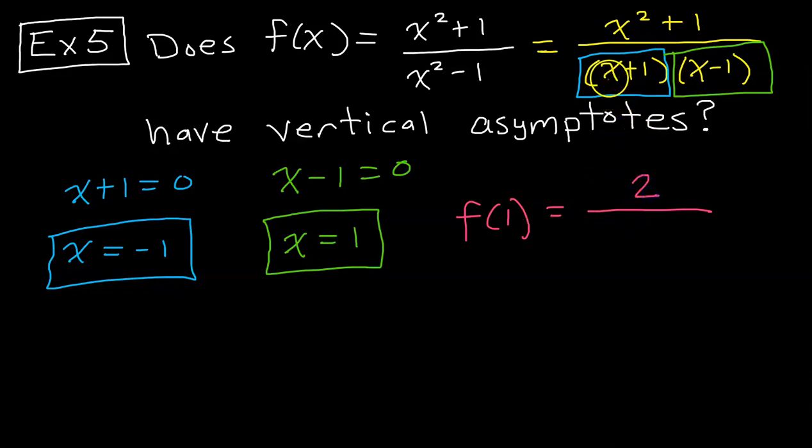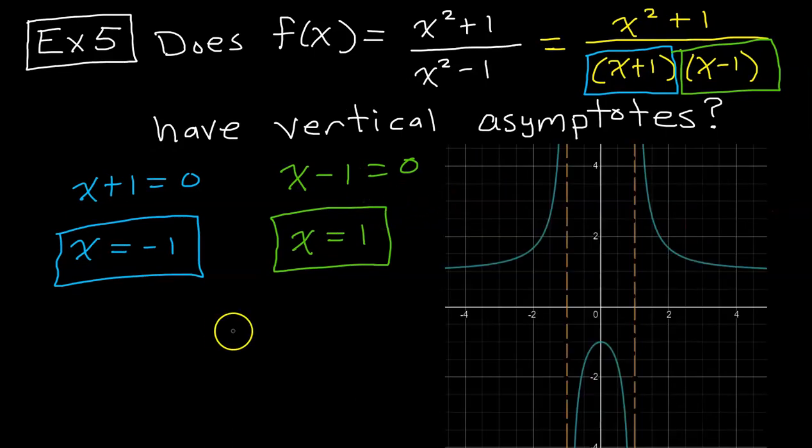In the denominator, I would have 1 plus 1, which is 2 in the first factor, and then I'd have 1 minus 1, so that would be 0. So I'd have 2 in the numerator, but then 2 times 0 is 0. So this is what I mean by you have 0 in the denominator only. That's when you have a vertical asymptote. And here's a quick peek at that graph. Notice the vertical asymptotes at -1 and +1.